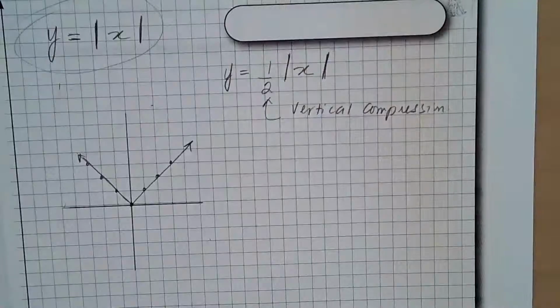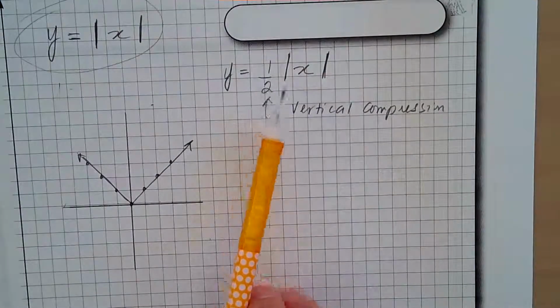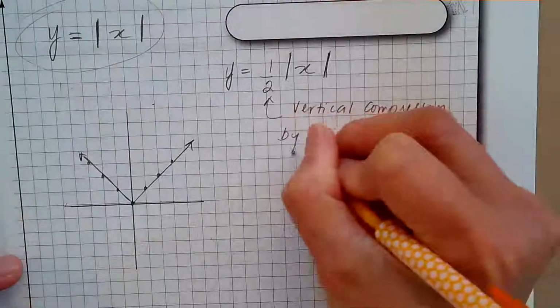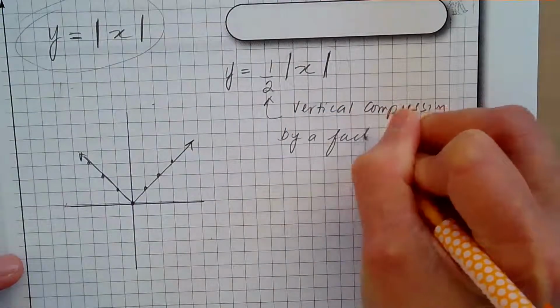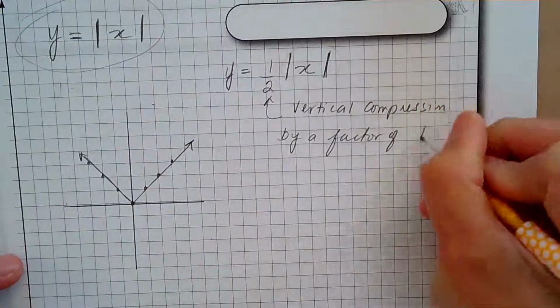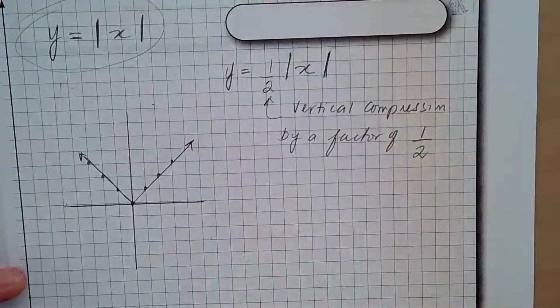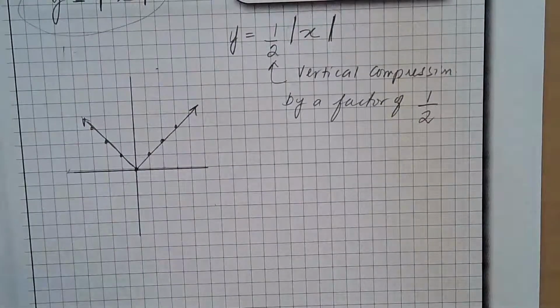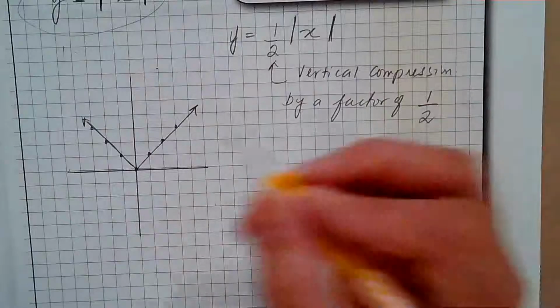Okay, now this one is going to be a vertical compression by a factor of 1/2. That means the x stays put, the y gets multiplied by 1/2.